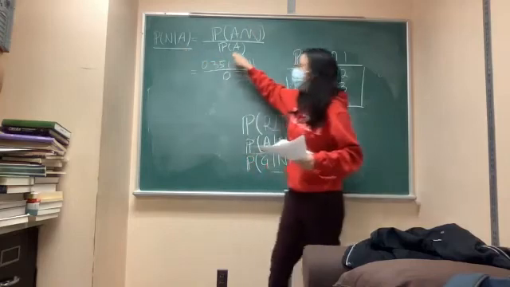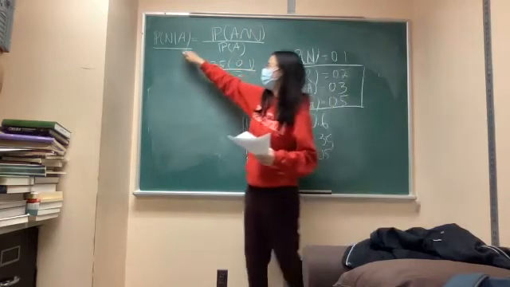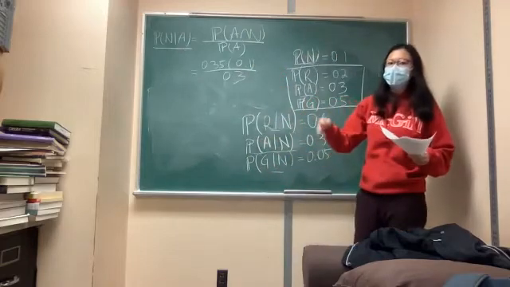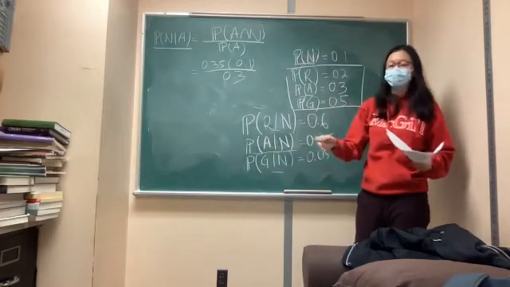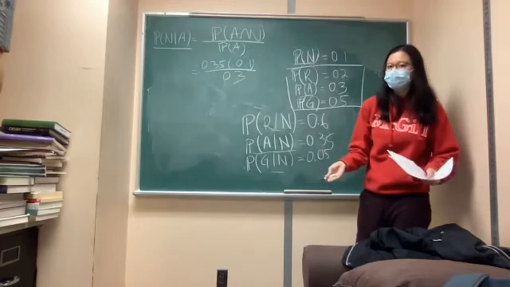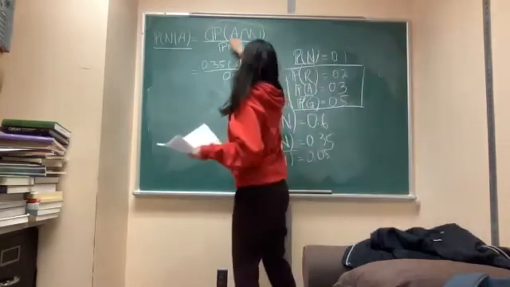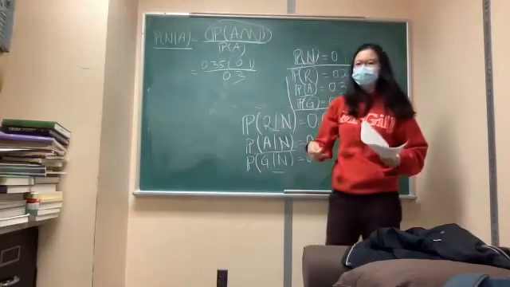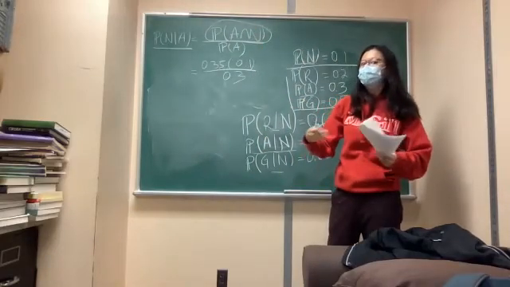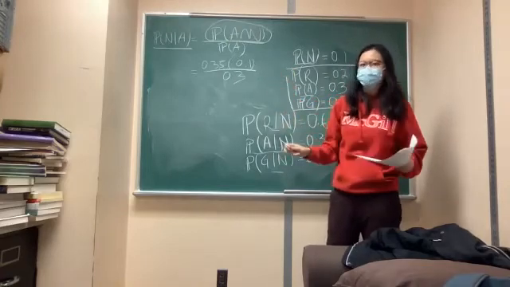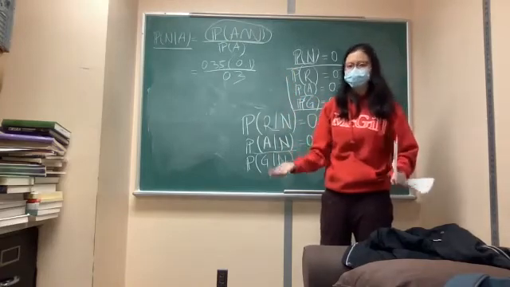This does equal this, like the probability of N given A does equal the probability of A intersection N divided by the probability of A. That's true, but it's not useful. Why is it not useful? Because I don't know what this is, right? The most important thing is that I move to a point where I know what everything is. So even though this is correct, technically correct, it doesn't get you any closer to where you want to go.